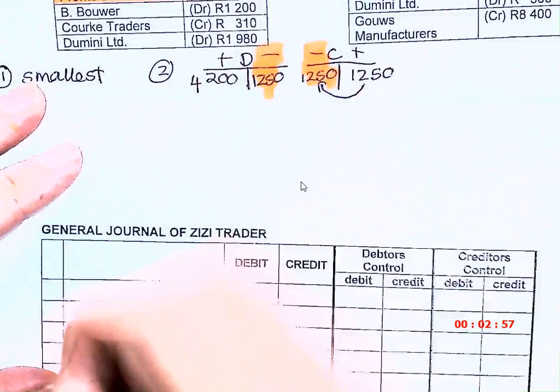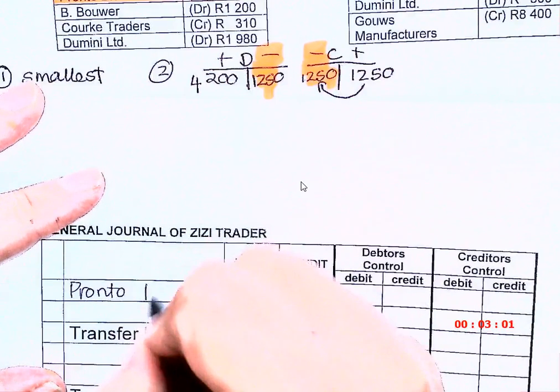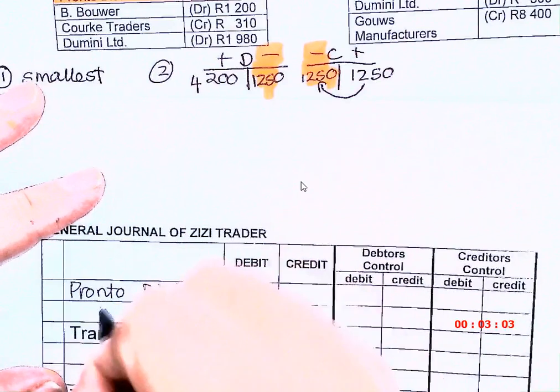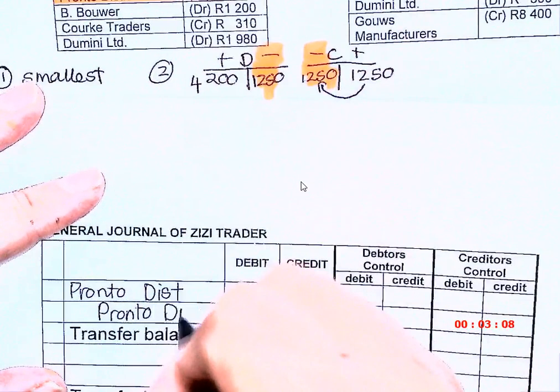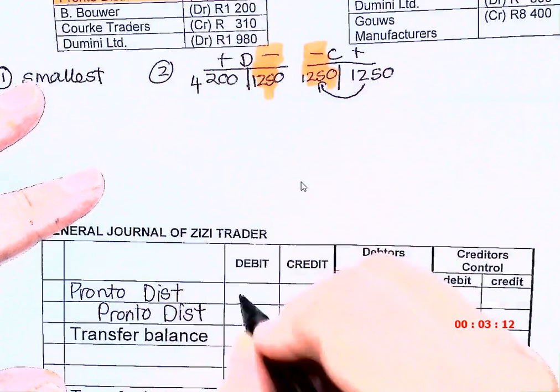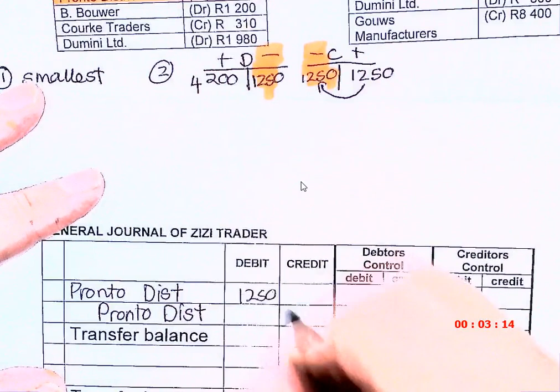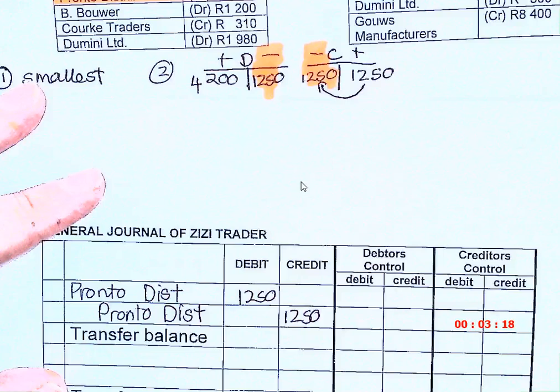So it will obviously be pronto, distributors, debit, pronto, distributors, credit. Can you see it's the same guy? Yeah. And it would be the 1,250. Can you see this? You may not have it wrong. Because you take the guy who's in both places' name, you debit and credit him with the smallest amount.